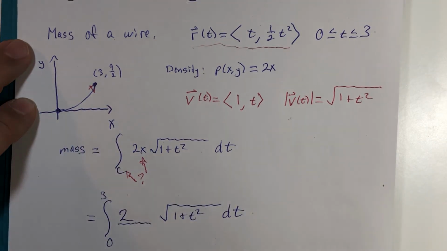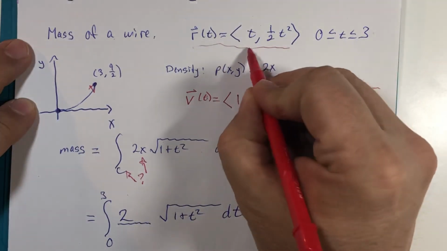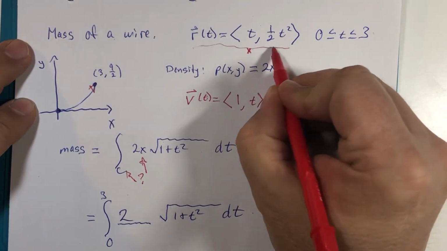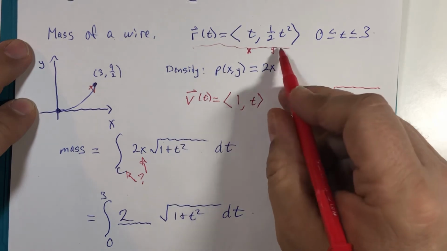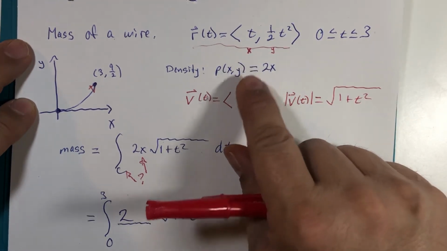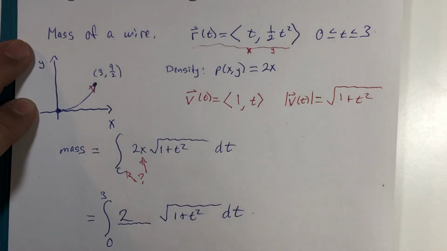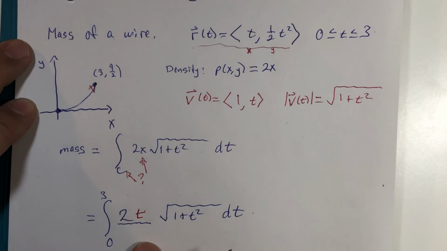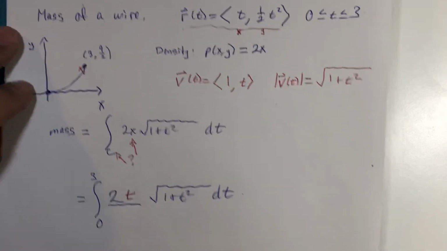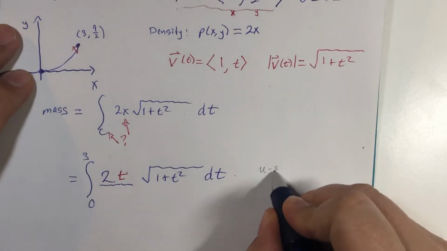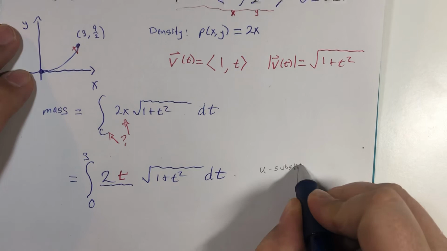And if we go back to the given information, this is my x value here, and that is my y value here. I only need to know what the density is at those x and y values. So since x equals t, that's t. All right, my students, I believe this can be done with just a little u substitution.